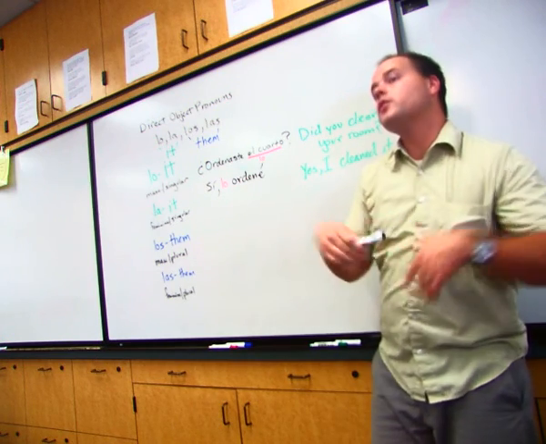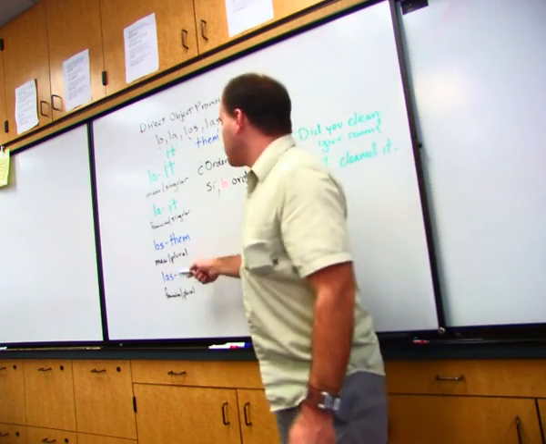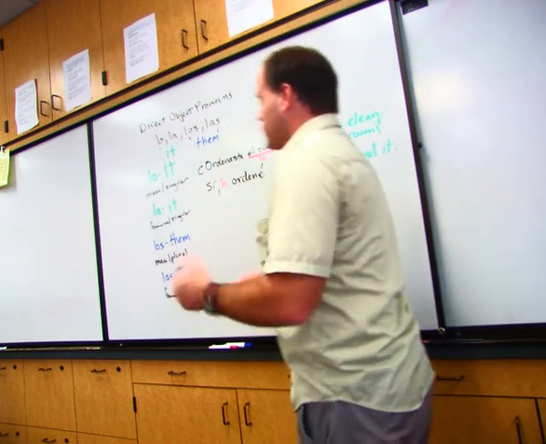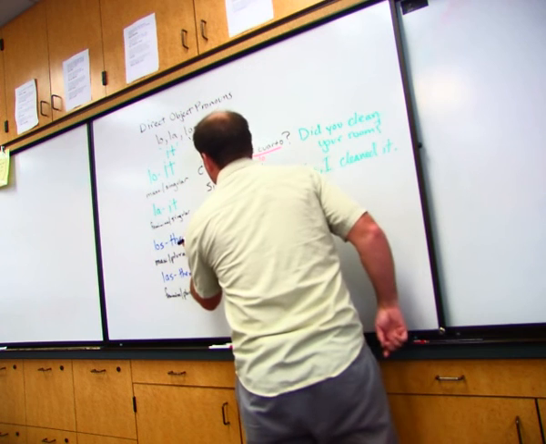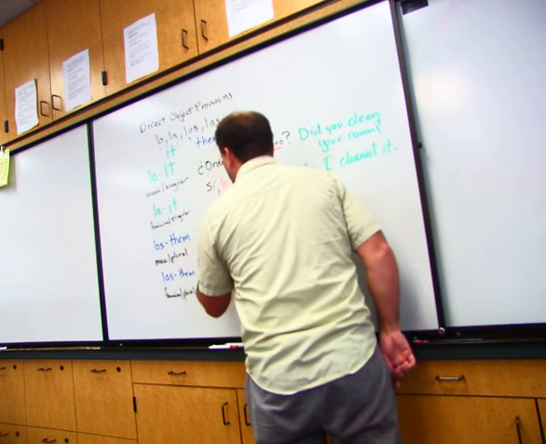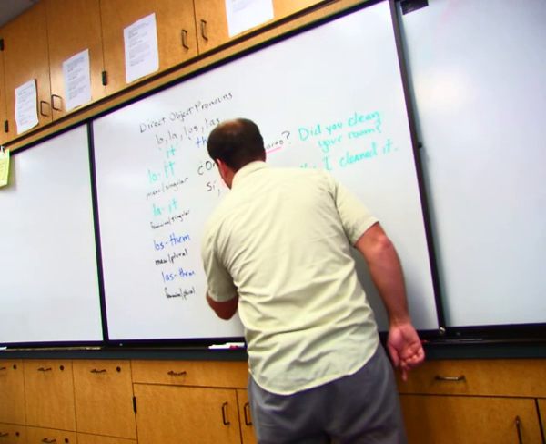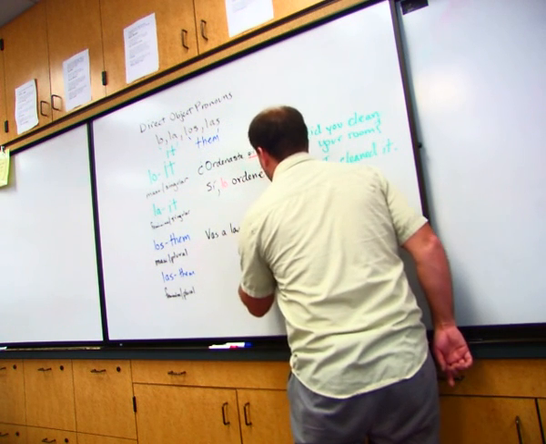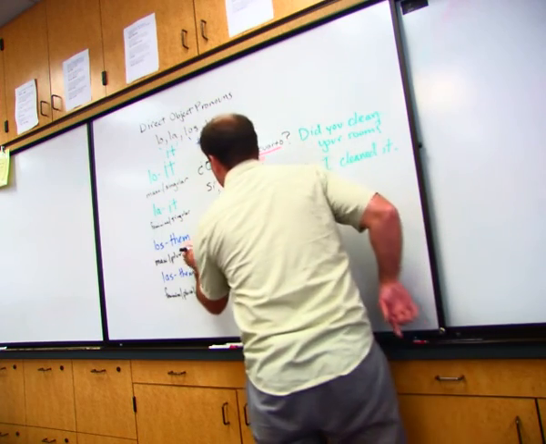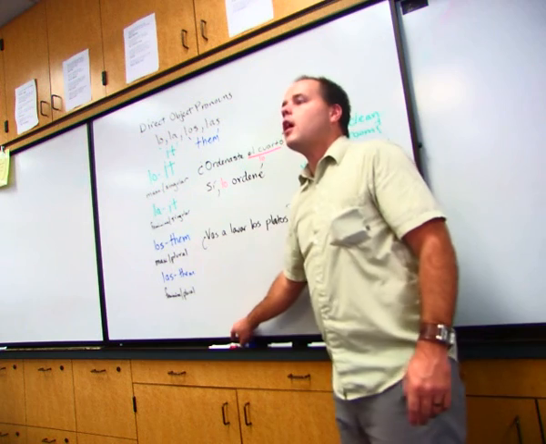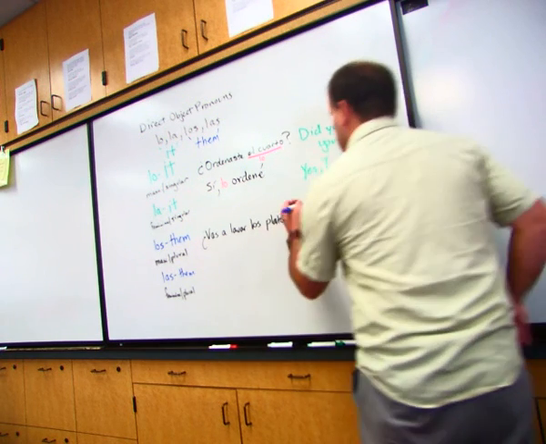Alright. Now, same kind of idea with this. What I'm going to do to show you the plural ones is use a two-verb rule. I'm going to change it up a little bit. I can ask, ¿vas a lavar los platos? Okay, translate it. Are you going to wash the dishes?